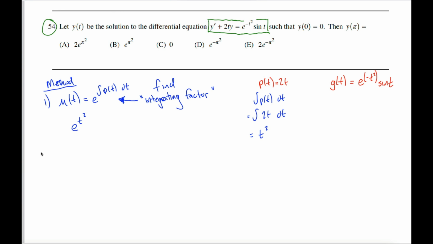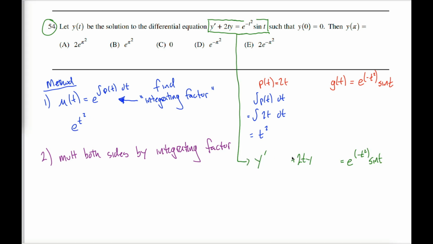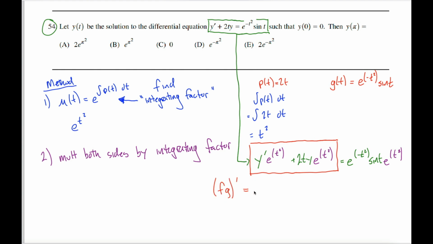So far, so good. For step 2, all we have to do is multiply both sides of the equation by that integrating factor. So we take our original differential equation and multiply both sides by e to the t squared power. It might look like you're just making things ugly, but a little bit of calculus magic just happened. The left-hand side is just the product rule, right? The derivative of f times g is f prime g plus g prime f.